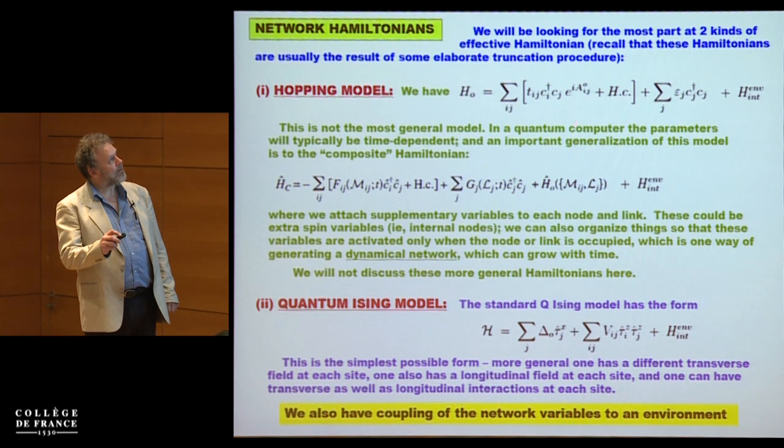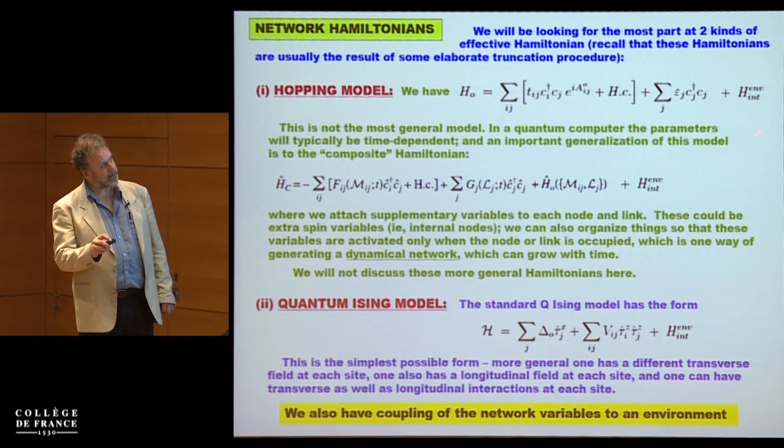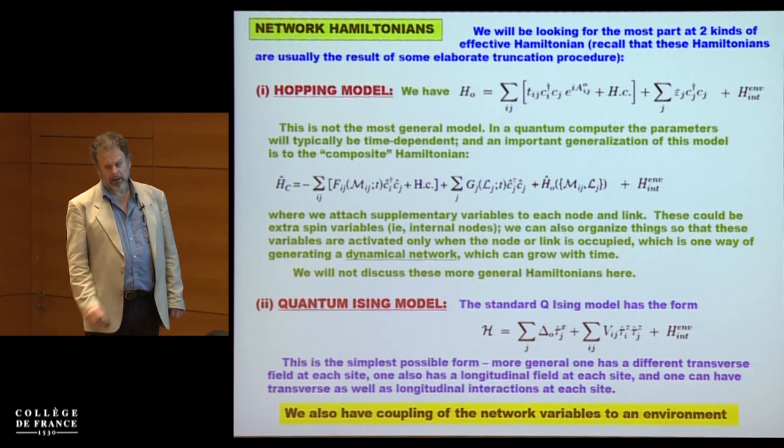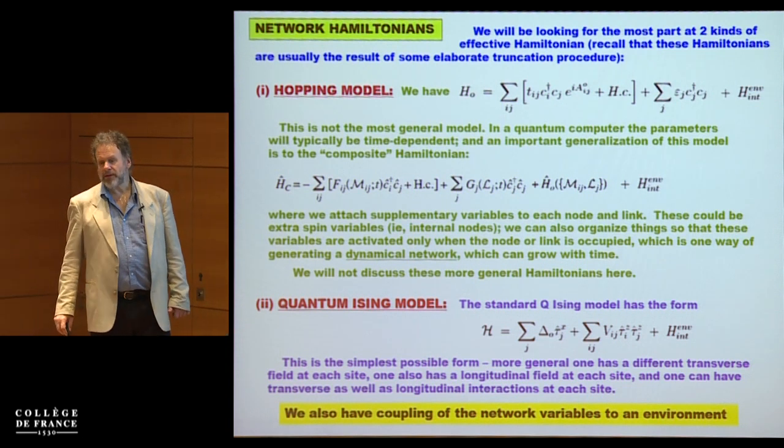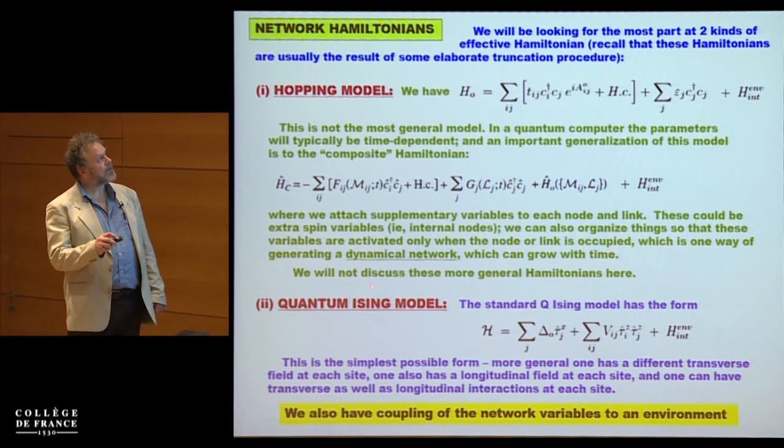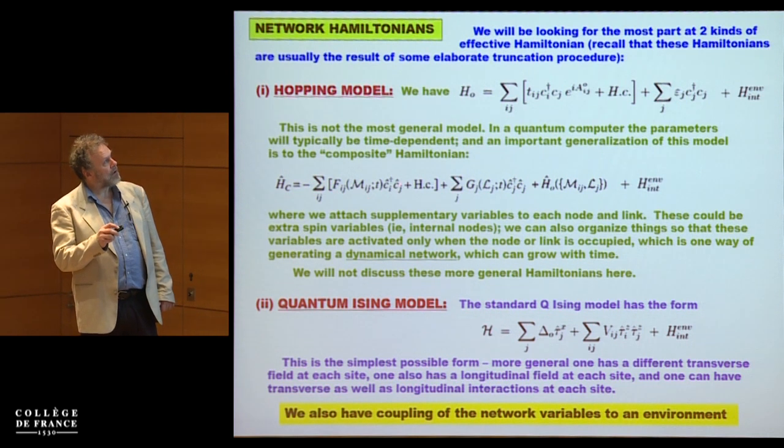The simplest kind of quantum walk that people discuss is of this kind. This is where an object hops from one site to another and some phase is accumulated, and the energies of the different sites are different. And the key ingredient that I'm going to be adding here is, of course, this coupling to an environment. Actually, we discussed a more general model of this kind in which there's an operator on each site.